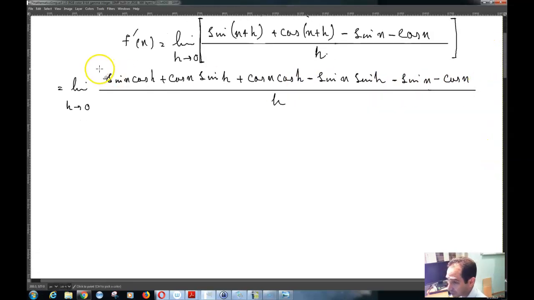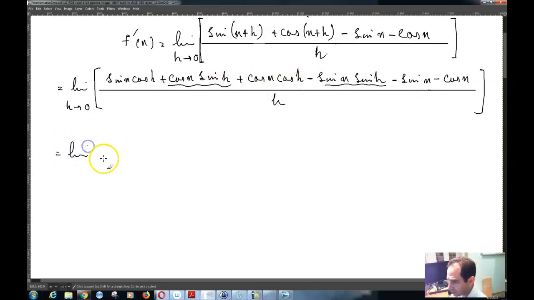take some things out of these two by two. Meaning that from sin h, here you have sin h and here you have sin h. So you can take it out.